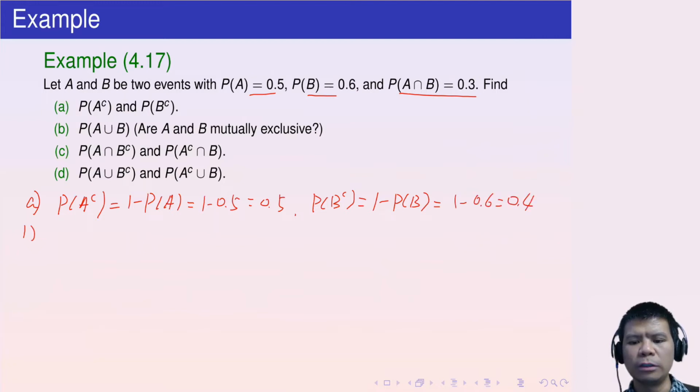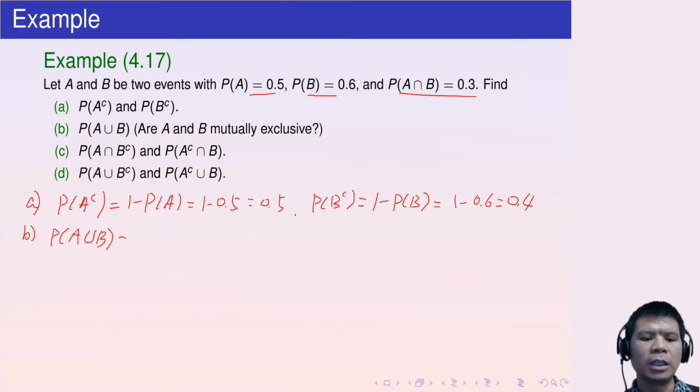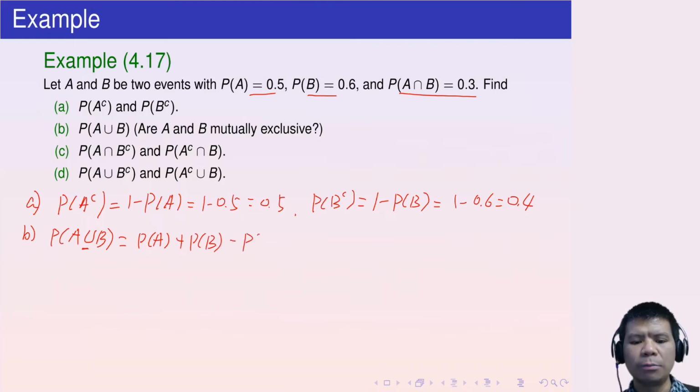Now for the union A union B, using the addition rule because it's a union, it's the probability of the first event plus the probability of the second event minus the probability of their intersection, A and B. So we have all these values: 0.5 plus 0.6 minus 0.3. So we found this is 0.8.